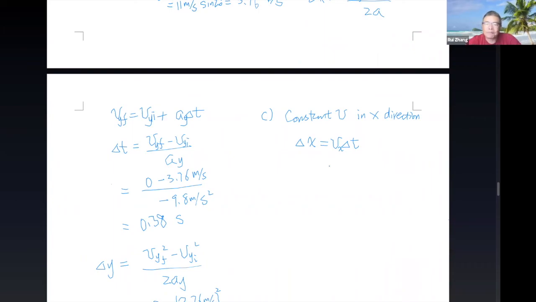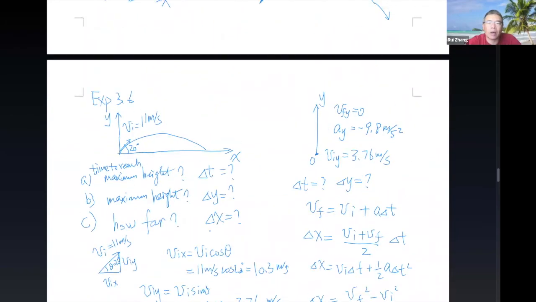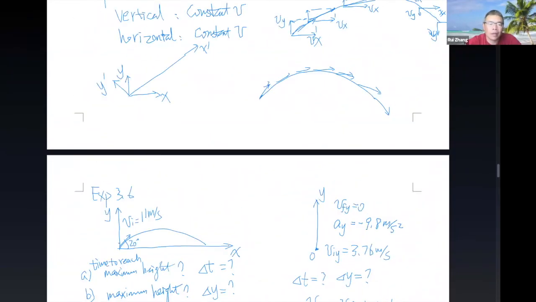And what about delta t? Do we know delta t here in the problem? 0.83, no. Remember this 0.83 is the time it takes to go from the starting point to the maximum height. So it's like halfway of this motion.